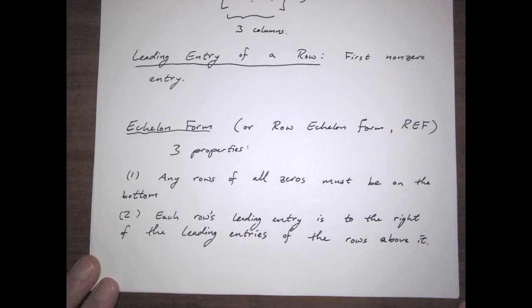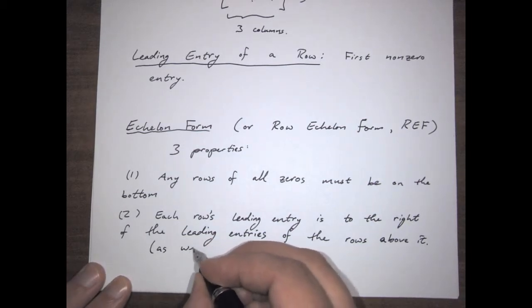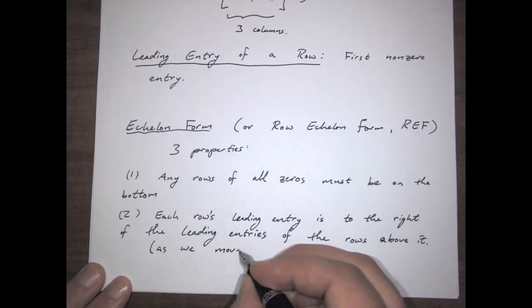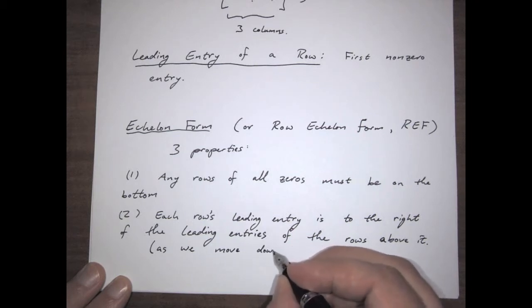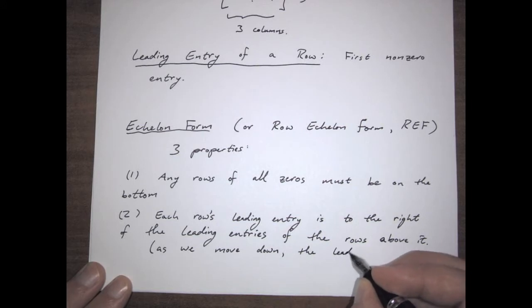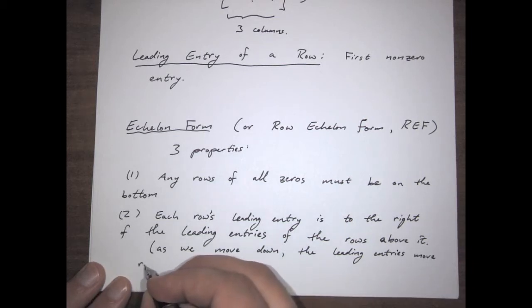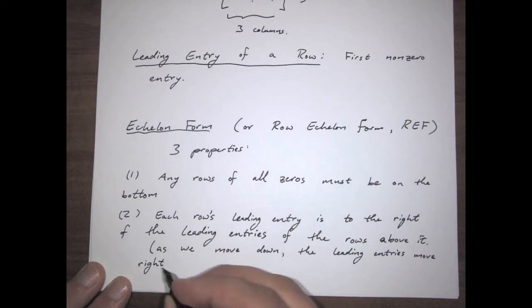So in other words, what that means is the leading entries are moving to the right as we go down. So in other words, as we move down, the leading entries move rightward.